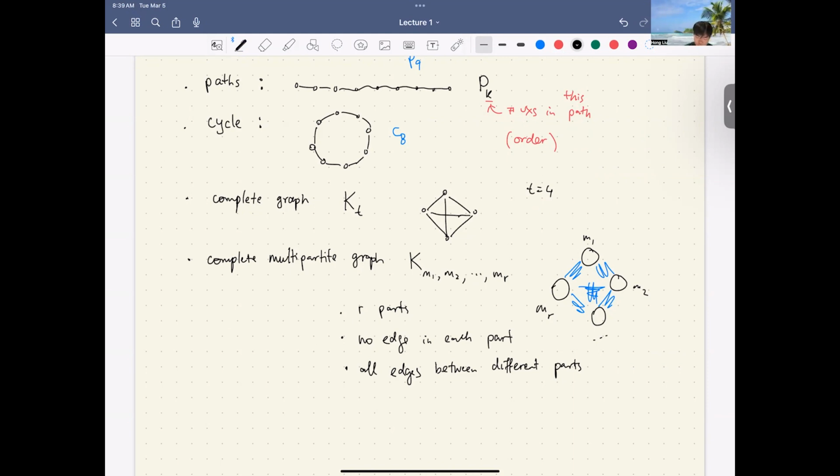So one more notation is the degree of a vertex. Let's say v. I usually will write d(v). This is just the number of edges incident to a vertex.